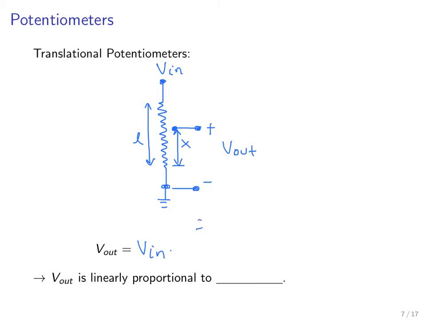So that will be rho times x over A, while the total resistance of the device is going to be rho times L over A. Of course, the rhos and the A's cancel out, and we are left with a very simple expression that V out is equal to V in times x over L. So then immediately you can appreciate that V out is going to be linearly proportional to displacement.